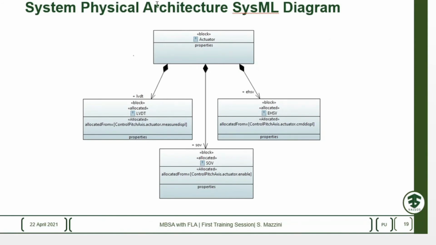This is an example of physical architecture in which we have the allocation of functionalities, as we can see in the description of the allocations.